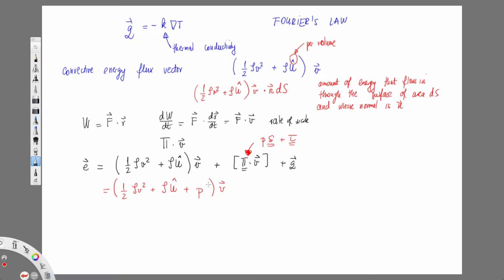I can, or don't have to, write delta here because delta dot V is going to be V. Plus tau dot V plus q.